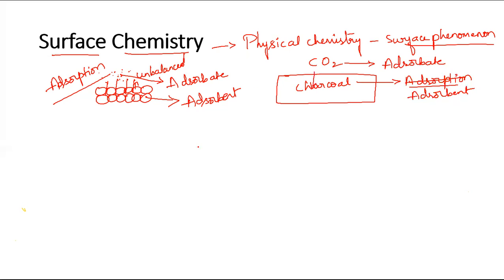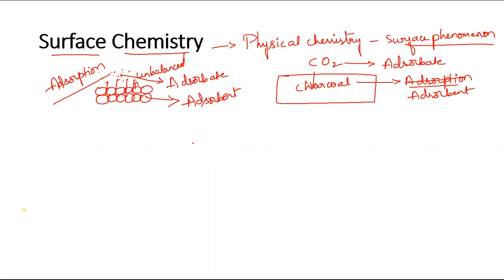For example, if you dip chalk in ink, the chalk surface will be colored, but the core of the chalk will still be white. If you dip it in ink and break it, the middle part stays white. Only the surface is covered with the color. Adsorption always takes place on the surface, so it is called a surface phenomenon. It is not a bulk phenomenon. It stays on top and does not go to the inner core.